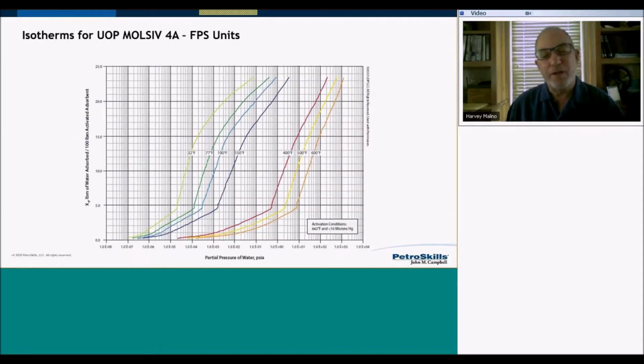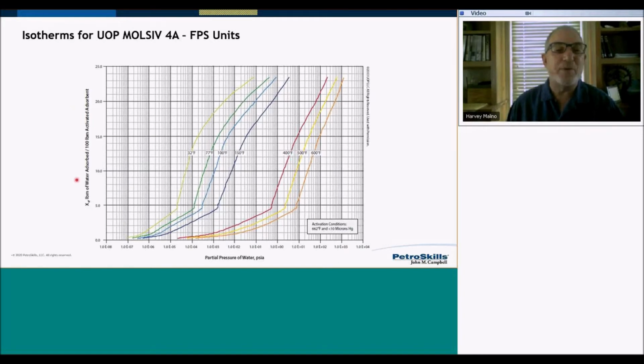To determine the section of the bed that is required for the equilibrium zone, we use isotherms. Isotherms are a plot of water loading, or the percent of water that is held onto molecular sieves.